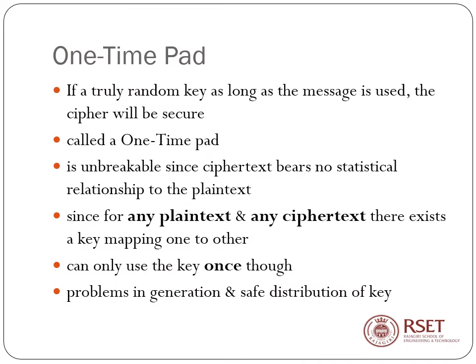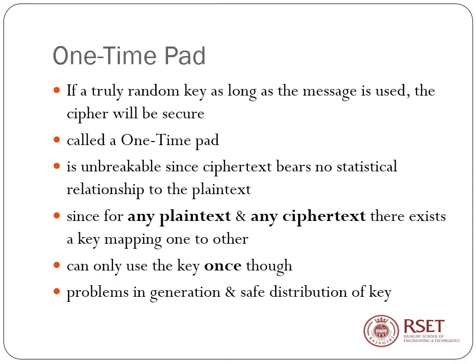And the last one is the one-time pad. Now coming to the one-time pad, if a truly random key as long as the message is used, the cipher will be secure, right? A truly random key is just like our one-time password, the one-time key that you get while we do our transactions. That key is no longer useful for the next transaction or for the next day. That is the concept of one-time pad.